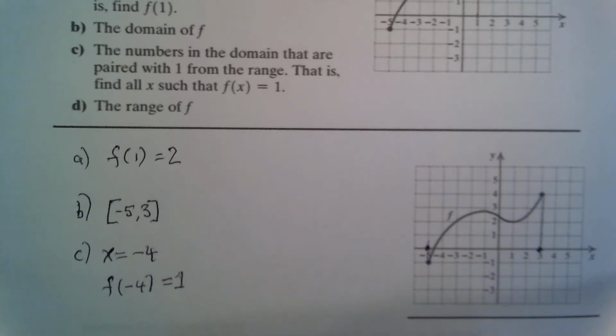And then the last part, the D part, asks for the range of f. Here we look for the lowest point of the function, and that's here at -1. And we look for the maximum point of the function, which is at 4. So therefore the range is from -1, including -1, to 4.